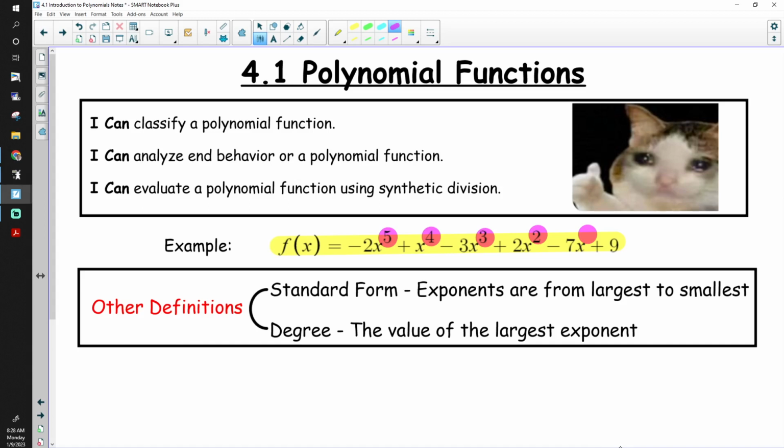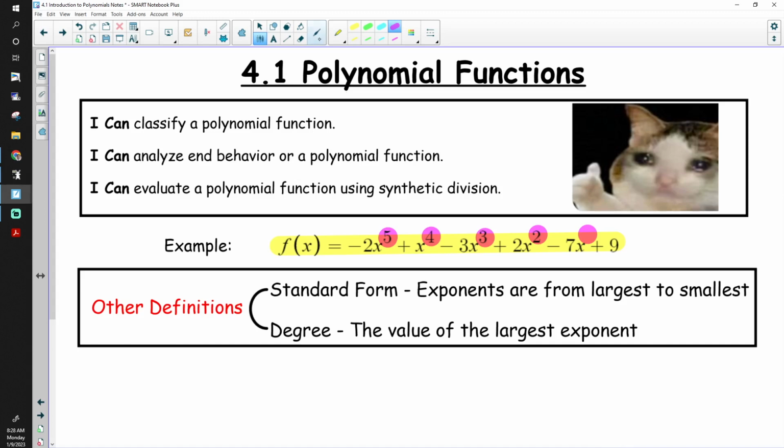Now, it's possible they're not all there. Like if you were missing the x to the 3rd, you would just keep going, largest to smallest. Standard form. Okay, the last thing that we need to know about polynomials, and it needs to be automatic, is this word called the degree. The degree of a polynomial is whatever the value of the largest exponent is.